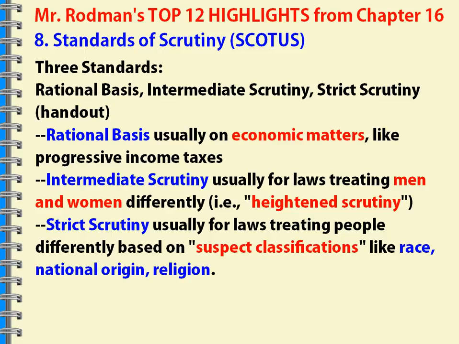But when you start to differentiate based on gender, this is more of an intermediate scrutiny, or what Maggleby calls a heightened scrutiny. This is the idea that there are situations in which you can treat men and women differently, but there's a higher standard here that you have to meet in terms of being allowed to discriminate based on gender. A great example is the one I used in class for fashion designers, using female models in order to promote female lines of clothing.